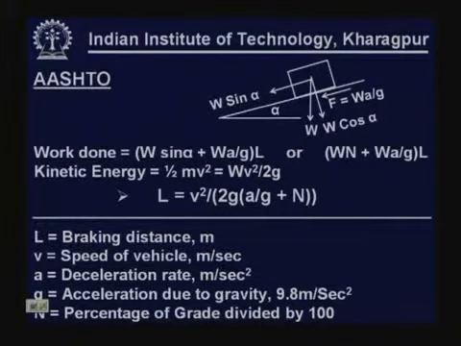The parallel component is taken as W by g into a. When we derived it based on IRC, we used small f into W cos alpha.